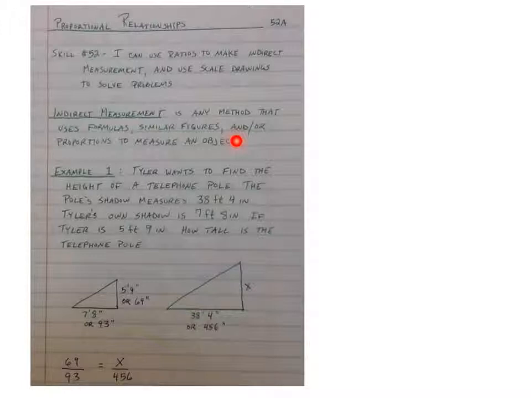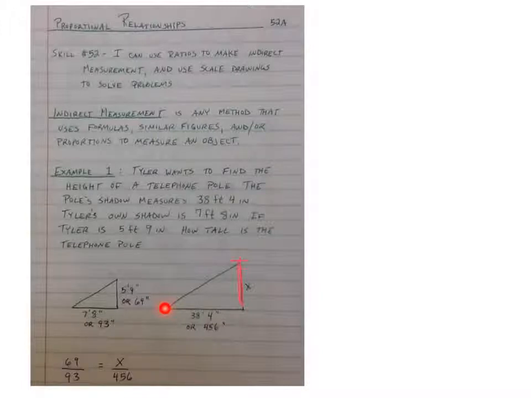It says Tyler wants to find the height of a telephone pole, and the pole shadow measures 38'4". So if we have a telephone pole over here, let's just add some color to this. Our telephone pole looks something like that, and the shadow of the telephone pole is 38'4".